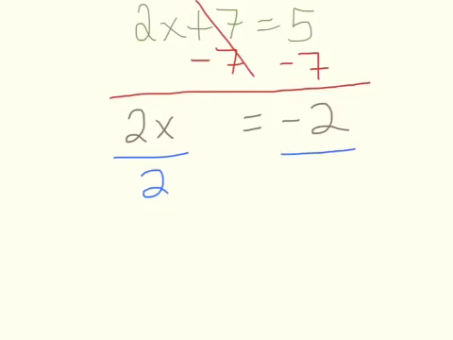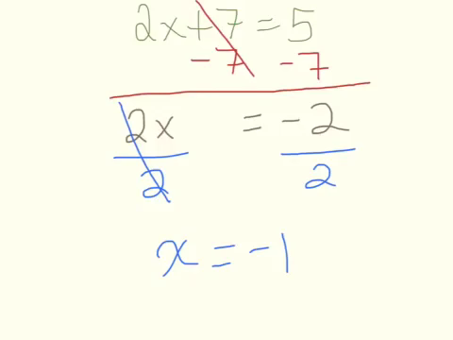So negative 2 divided by 2. Okay? This cancels. Leaves me with x. Bring down my equal sign. And you can also do this part in your calculator. Negative 2 divided by 2 is negative 1. So your correct answer is negative 1. And you can plug that back in and double check your answer.